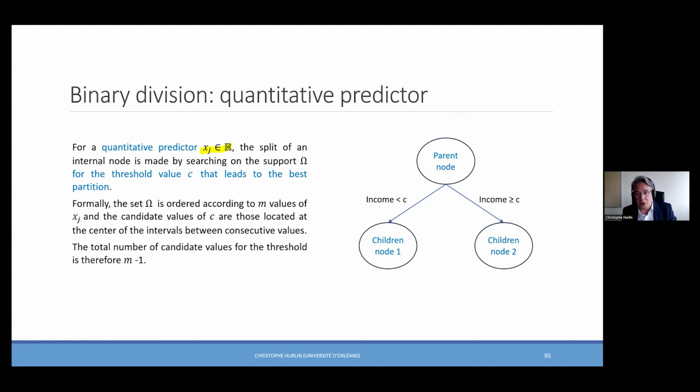We are searching, on the support of the variable, for the threshold value C that leads to the best partition.